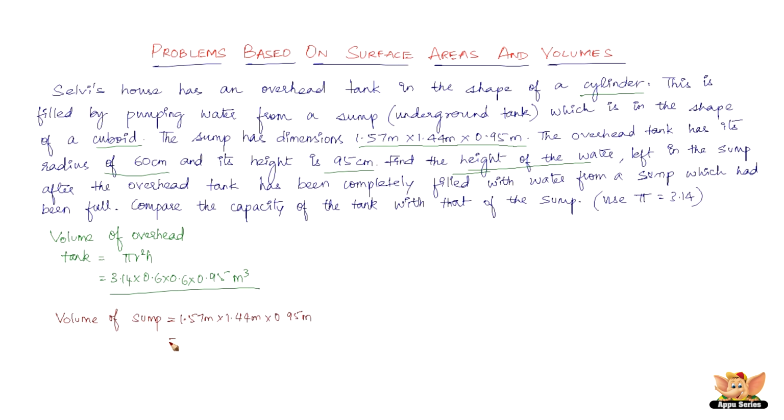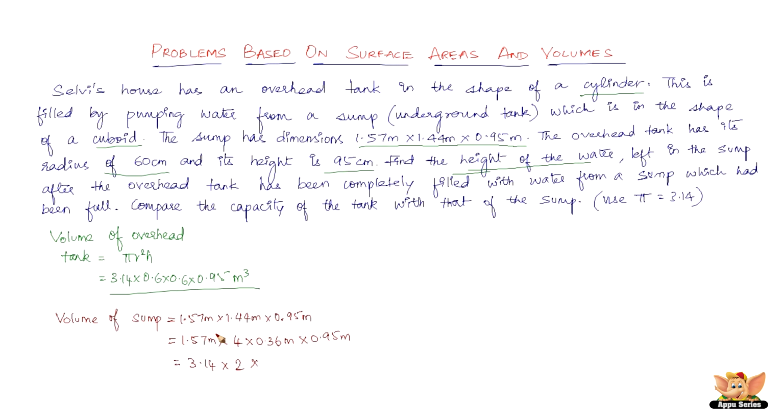So now to make it simpler, I'm going to write 1.57 meter as it is. Now I'm going to write 1.44 meters as 4 times 0.36 meters. Then I'm going to keep 0.95 meters the same, just to make the calculations a little easier later. So now we'll split 4 into 2 and 2, and 2 times 1.57 gives you 3.14, and then write times 2.